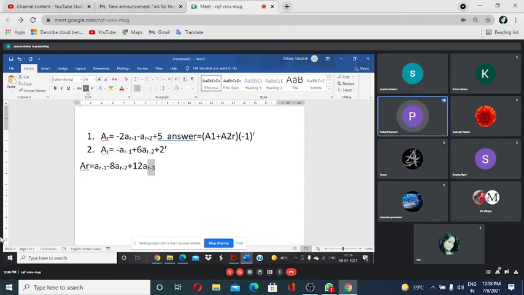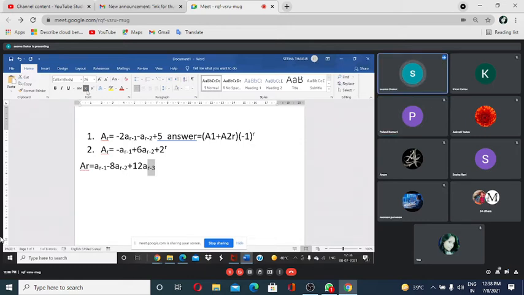Alpha cube minus alpha square minus alpha square plus 8 alpha minus 12 is equal to 0.